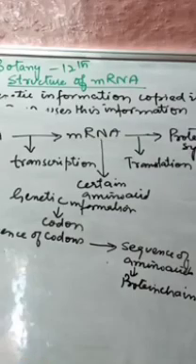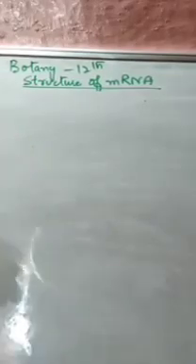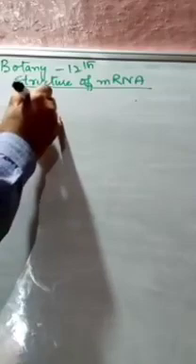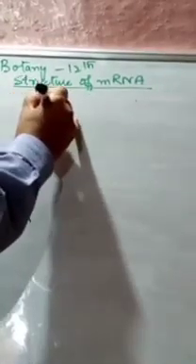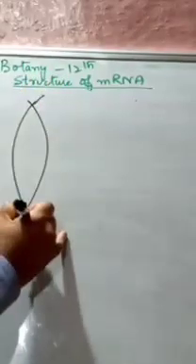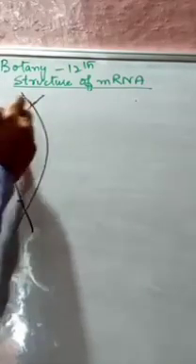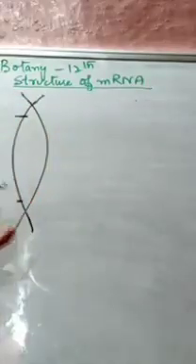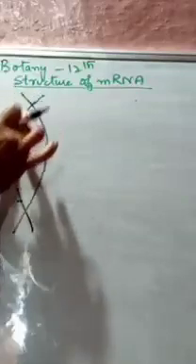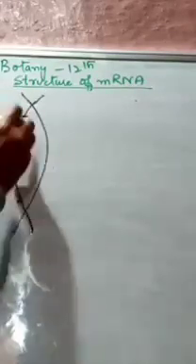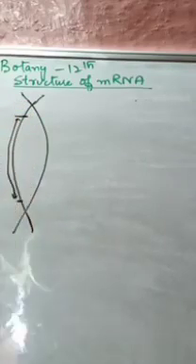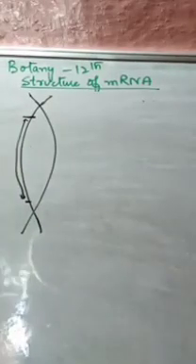Now, if we see the two strands of DNA, this strand of DNA contains the genetic information in the form of codons, and this is called the template strand, or we can say the guide strand.